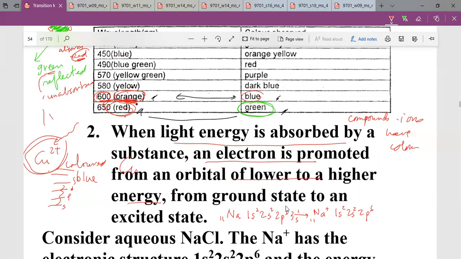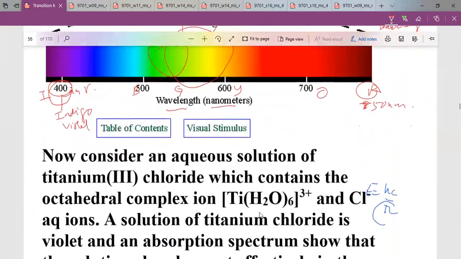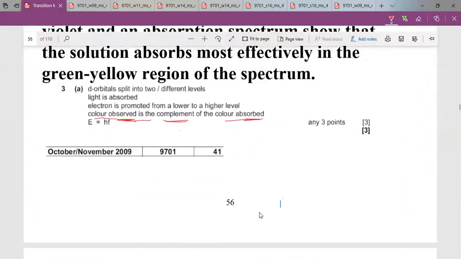Now this is 1 mark. See the markings here? It's very good to see how markings can be seen. Light is absorbed, 1 mark. Best to say, light in the visible region is absorbed. What happened? Electrons are promoted from a lower to higher level. 1 mark. See, 2 marks.